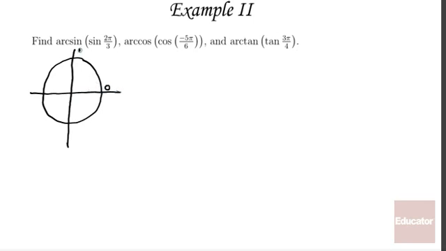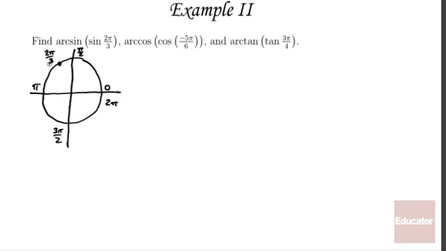There's 0, pi over 2, pi, 3 pi over 2, and 2 pi. So let's figure out where each of these angles is on the unit circle. 2 pi over 3 is over here. There's 2 pi over 3.